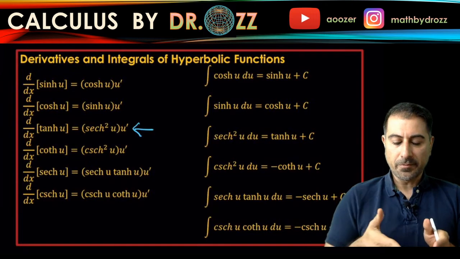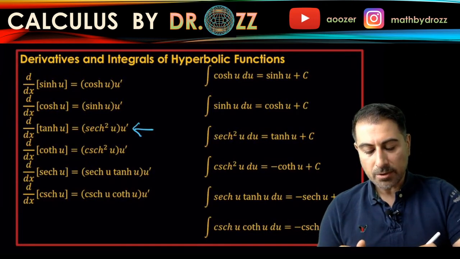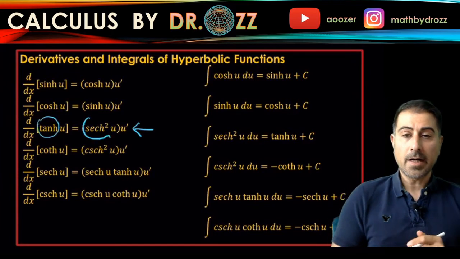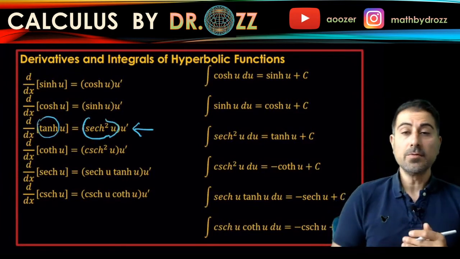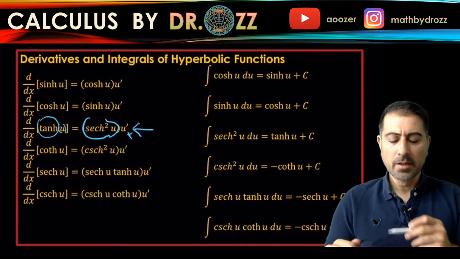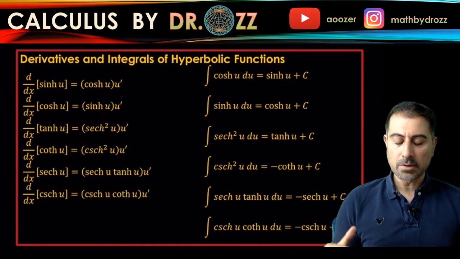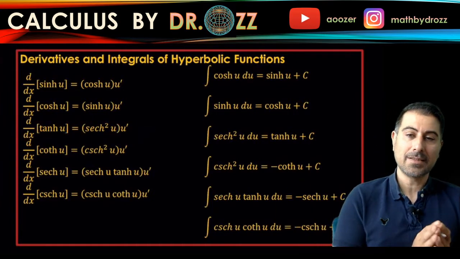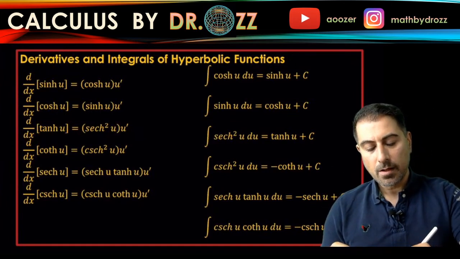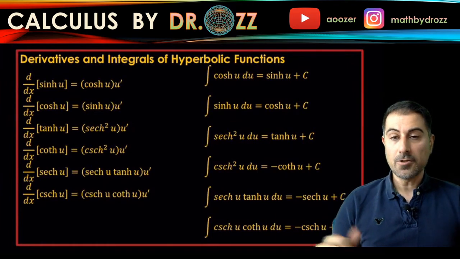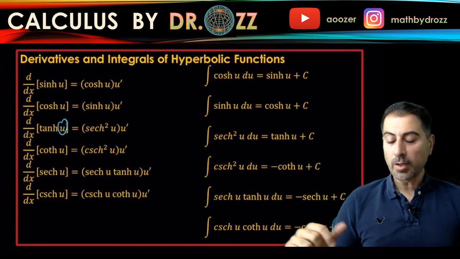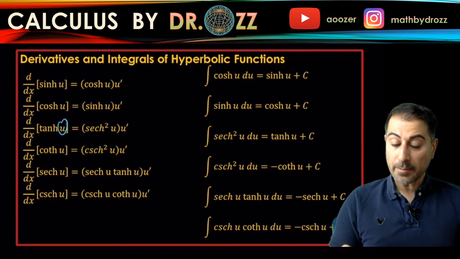You take the derivative of the outer function, which is sech squared u, and multiply everything by the derivative of the inner part, which is u prime. So it's the application of the chain rule, because tanh x has the derivative only sech squared x. But if there is a function of x inside tanh, and u is replaced by that function, you have to take care of u prime and multiply the whole quantity by it at the end.